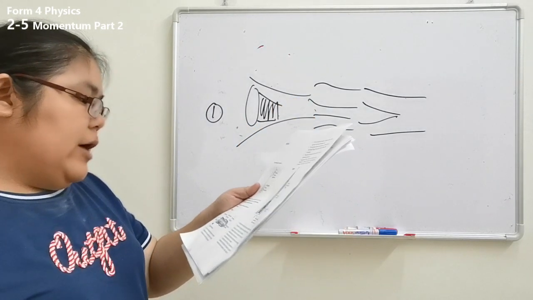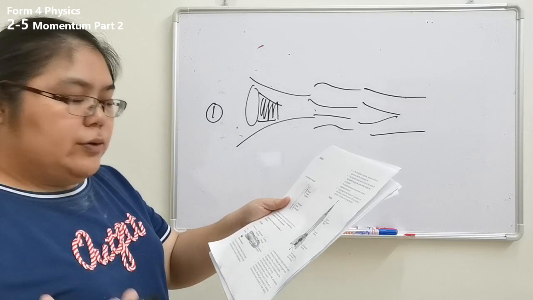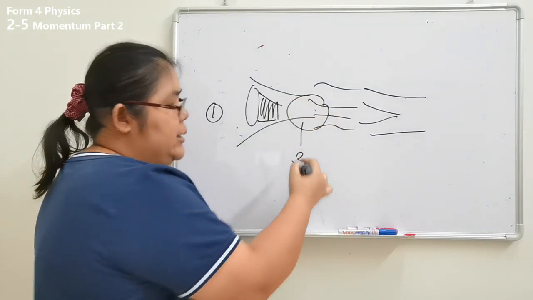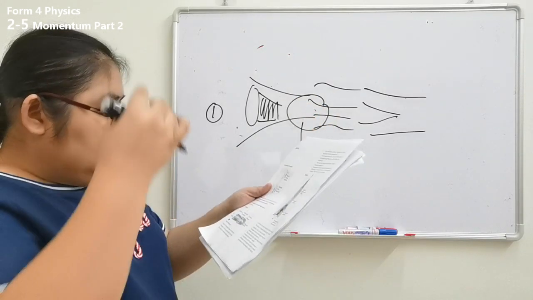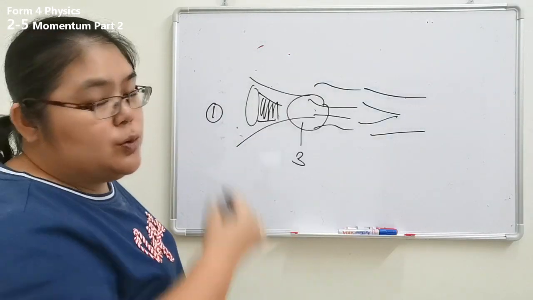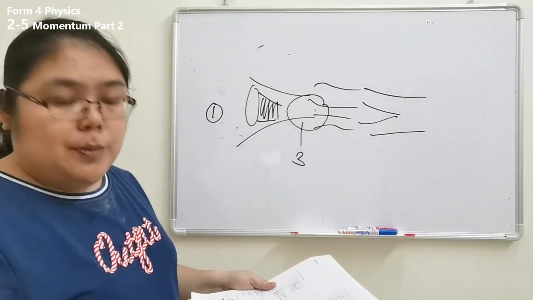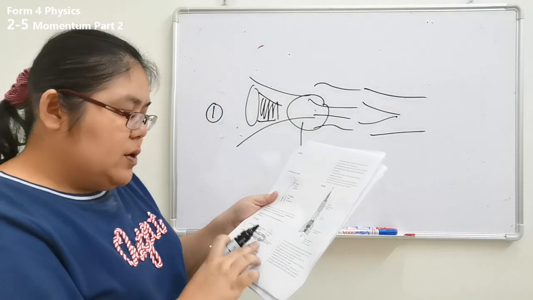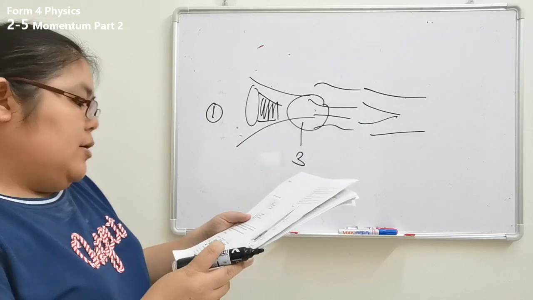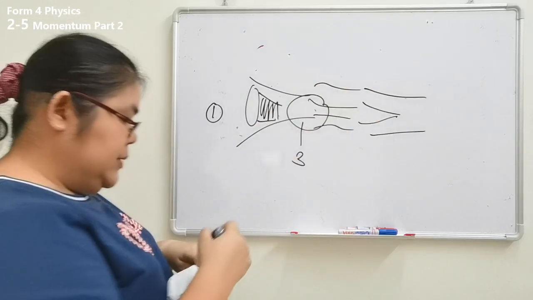After that, number 3, the compressed air goes together with the fuel into the combustion chamber, where they burn. After that, number 4, after burning, there is the turbine blade, which needs to turn, and then it generates high pressure, high momentum. The last one is the exhaust gas. After burning, the gas is produced out. Now the engine moves forward, because the gas goes in the opposite direction.